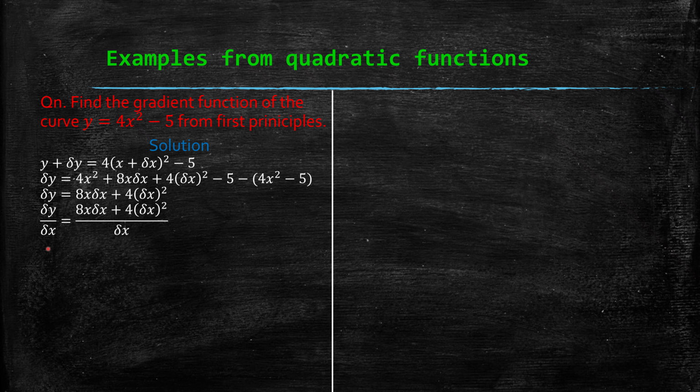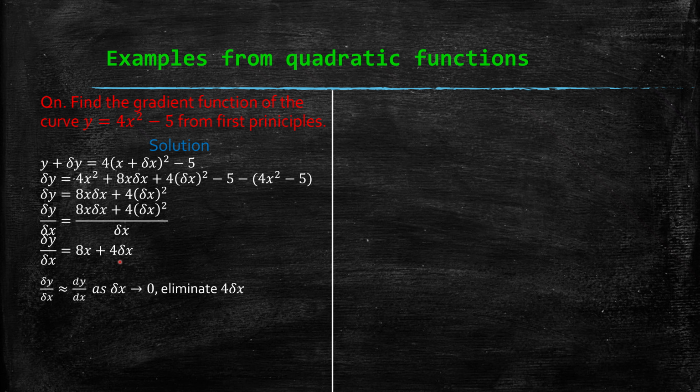Afterwards, we are going to divide by small change in x in our third step, whereby we are going to have on our right 8x small change in x plus 4 small change in x squared divided by small change in x, which later on is going to turn to be small change in y over small change in x is going to be equal to 8x, then it's going to reduce this one by 1 such that we have 4 small change in x.